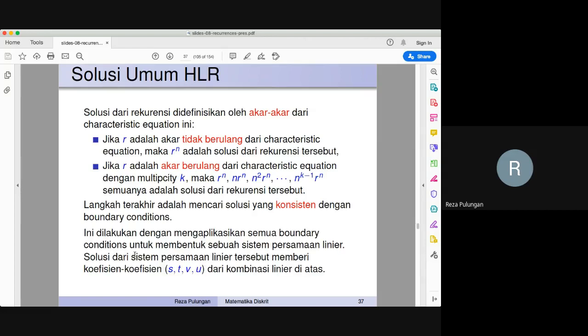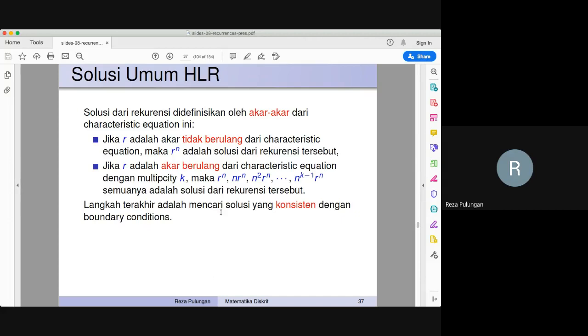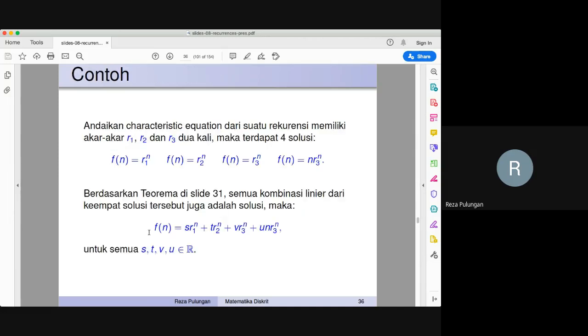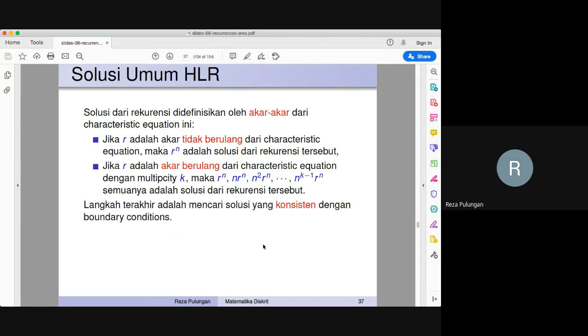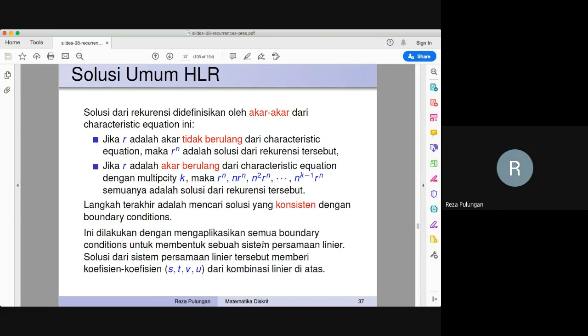Okay. So once you find this, the last step is to find a particular solution, because when we look at this solution, the solutions are infinitely many. This is possible for all possible S, T, V, U. But our solution must not be that. Our solution must be consistent with the boundary condition.